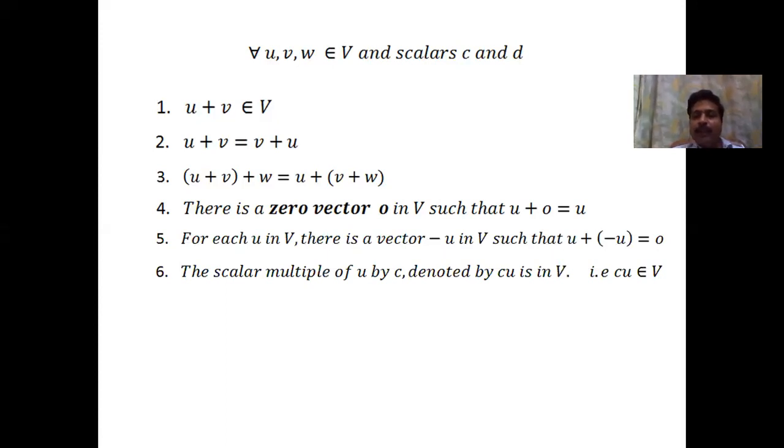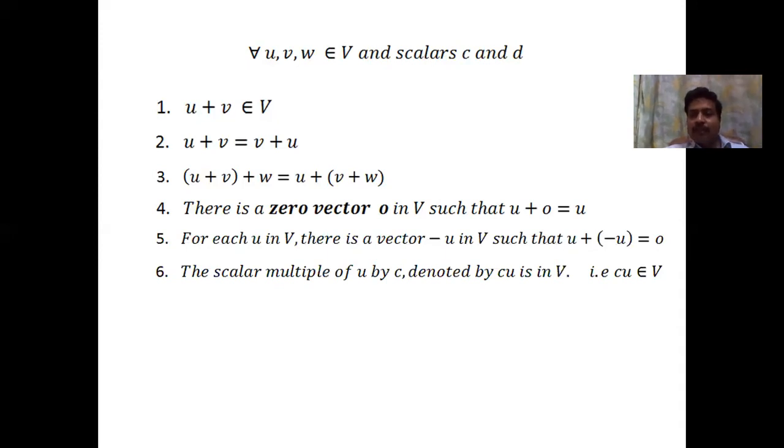This can be simply written as CU belongs to V. Here we have to observe that C is a scalar and U is a vector, and their product is another vector that will be in V. That is another object.